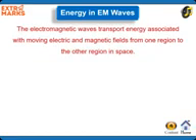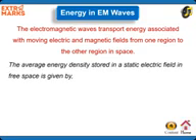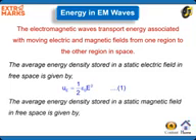Now let's study about the energy in electromagnetic waves. The electromagnetic waves transport energy associated with moving electric and magnetic fields from one region to another region in space. The average energy density stored in a static electric field in free space is given by UE, and the average energy density stored in a static magnetic field in free space is given by UB.